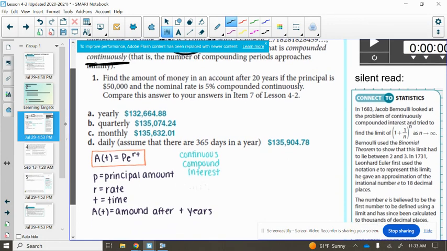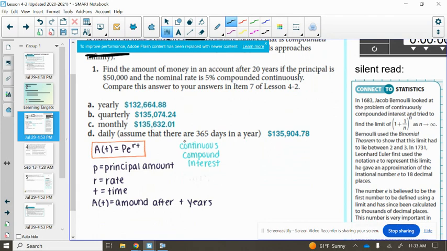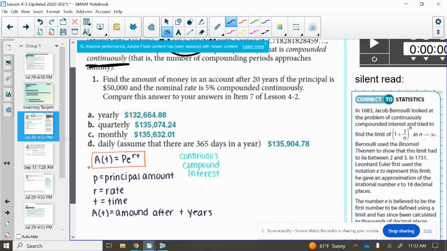And we see with PERT, again, we have yearly, quarterly, and then we can even assume 365 days in a year, what it would be if we typed in that principal amount for each of these answers. So 50,000 with that 5% rate, we could see after 20 years that it's kind of giving us the daily. Well, what happens if it's continuously?